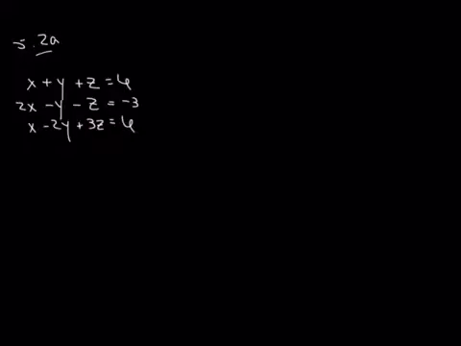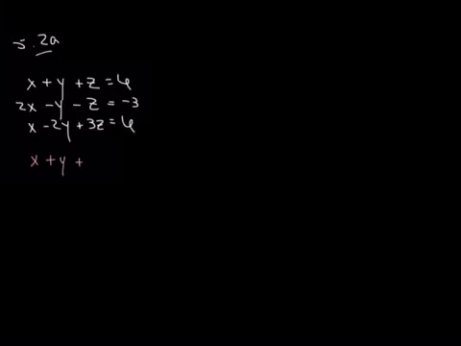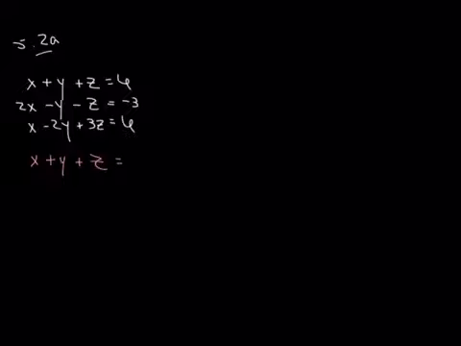So what I normally do is I take the first equation and I relate it to the second equation, and then I relate it to the third one. So I'm going to write the first equation with just the second equation, right here below, and I'll do it in red. I'm going to write the first equation, and then the second equation, and I'm going to ignore the third equation right now.